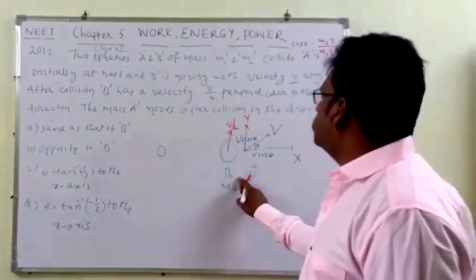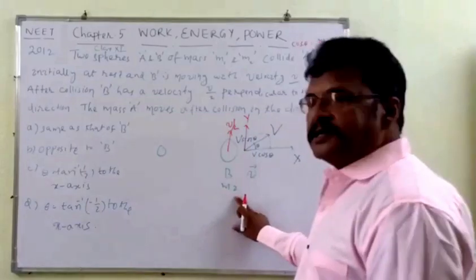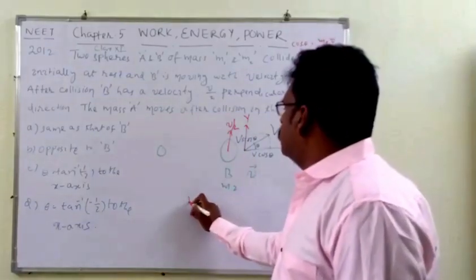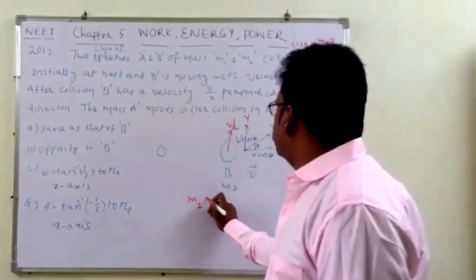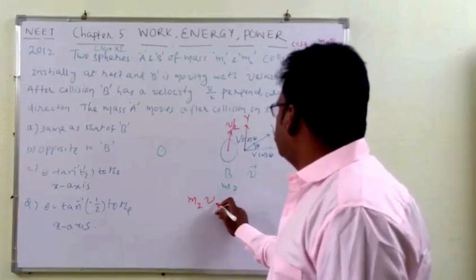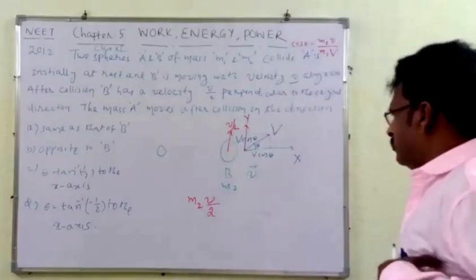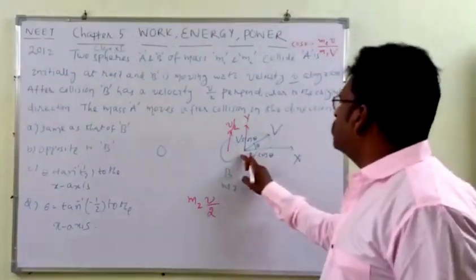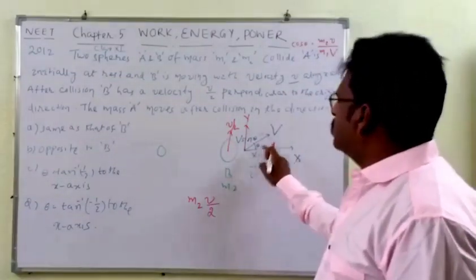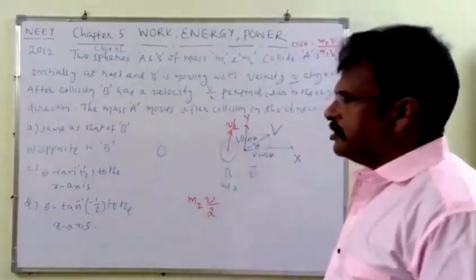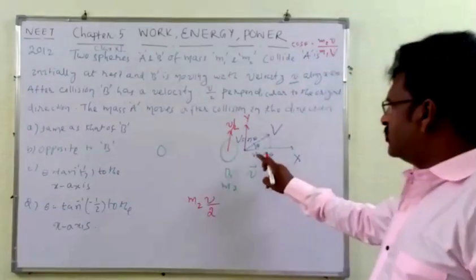Okay, students, and it has mass m2. So m2 and V by 2. This is V by 2. And what will be the final momentum in the y direction of this body A?